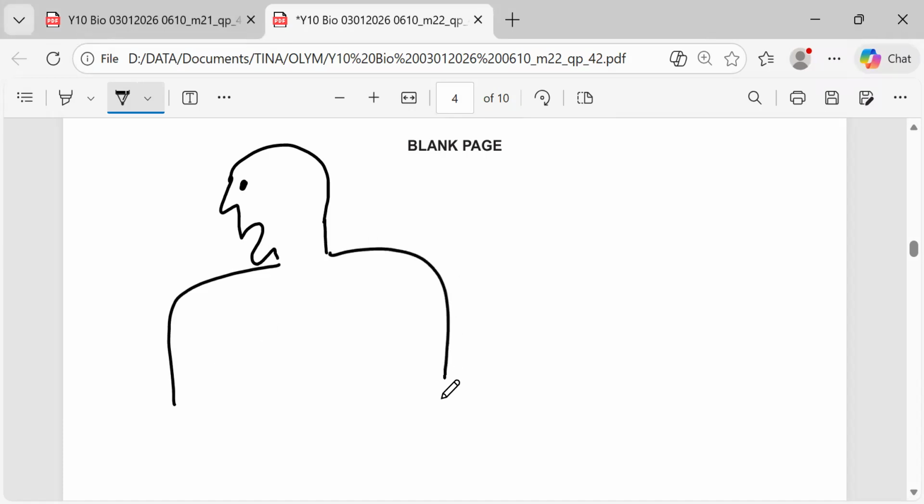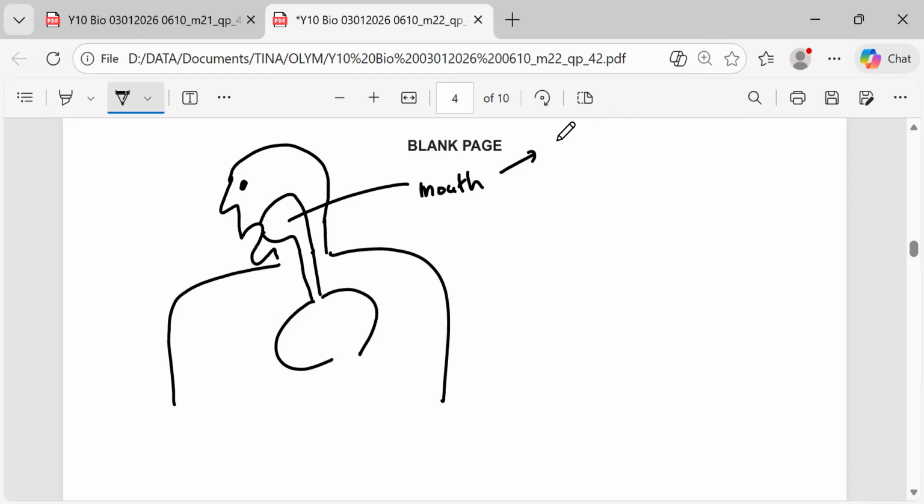Okay, so this is the mouth. You have to remember all the different kinds of teeth. You just need to remember molar is to crush, incisor is to tear. This is physical digestion.